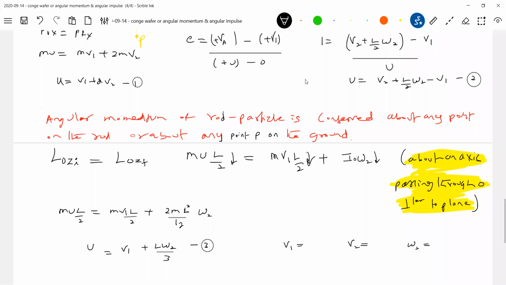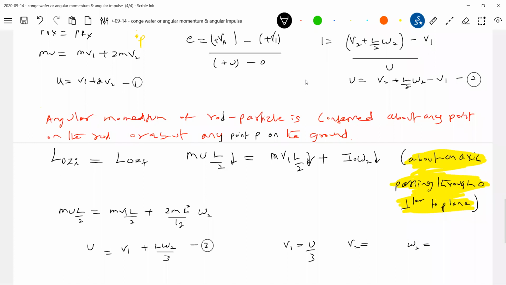V1 equals u by 3 minus u by 3. Check it. No, sir, it's u by 3. And V2 is u by 3, sir. No, check it, check it, check it. Some others are giving different answers. Sir, it is u by 3 only.